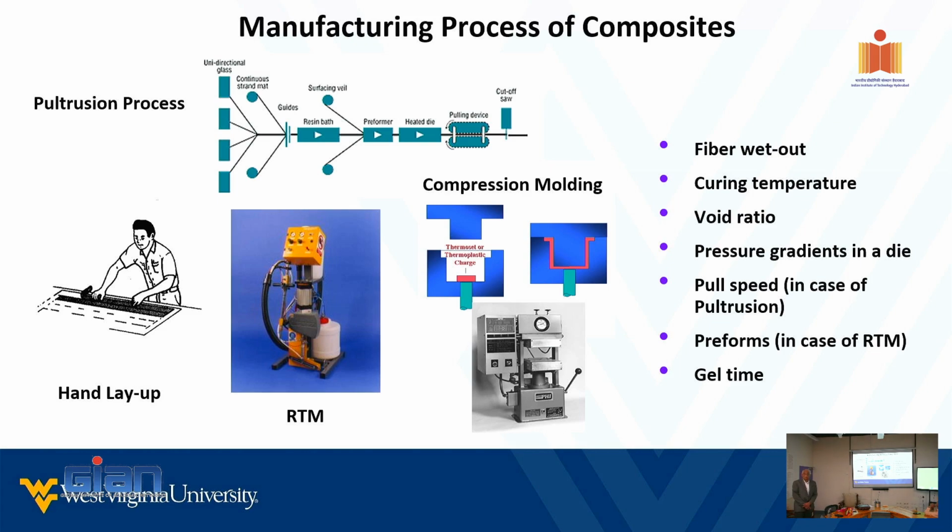The bottom left is hand layup. I don't know how many of you are hands-on. If your car gets a dent, what would you do? You take fiberglass, slap it on the dented place, and brush on a bit of epoxy after cleaning it. That's called hand layup.